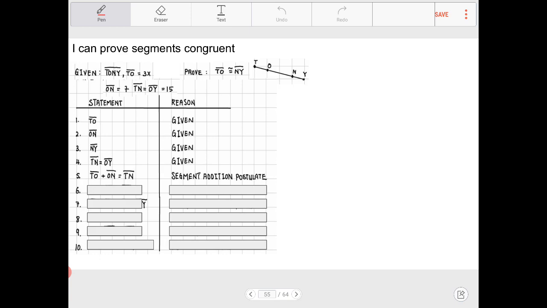OY is made up of ON plus NY, and that's because of the segment addition postulate. Since I know that TN is equal to OY from line 4, I can make a substitution between 5, 6, and place it into 4. And I can say TO plus ON is equal to ON plus NY. Again, this is because of taking information from lines 5 and 6 and placing it into line 4.